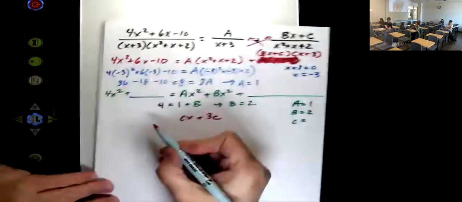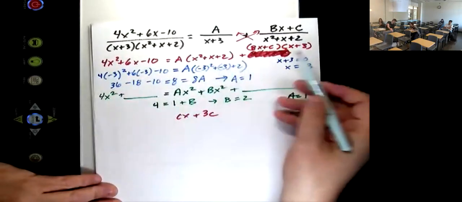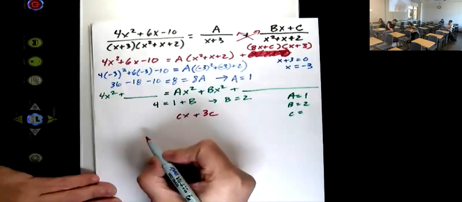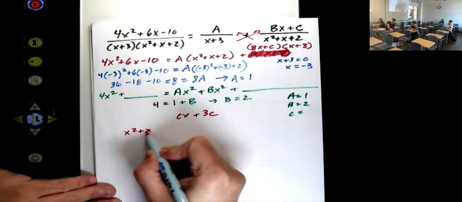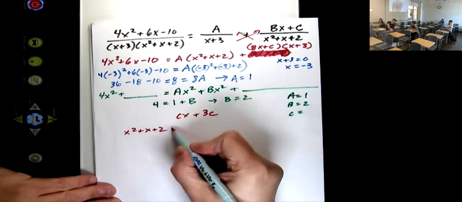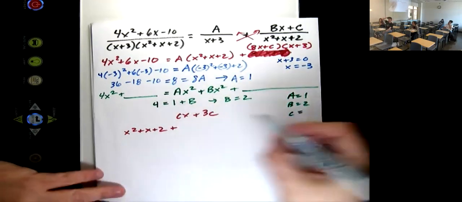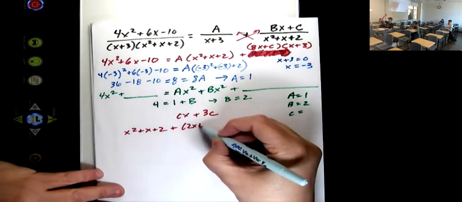I'm going to do this all out first. I'm going to plug in a and b, multiply it all out, and then I'm going to show you what my thoughts were. If I plug in 1 for a, I have x squared plus x plus 2. If I plug in 2 for b, I have 2x plus c.